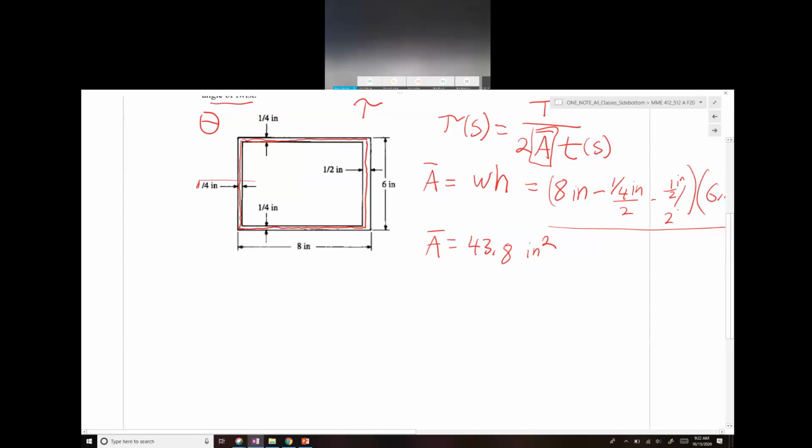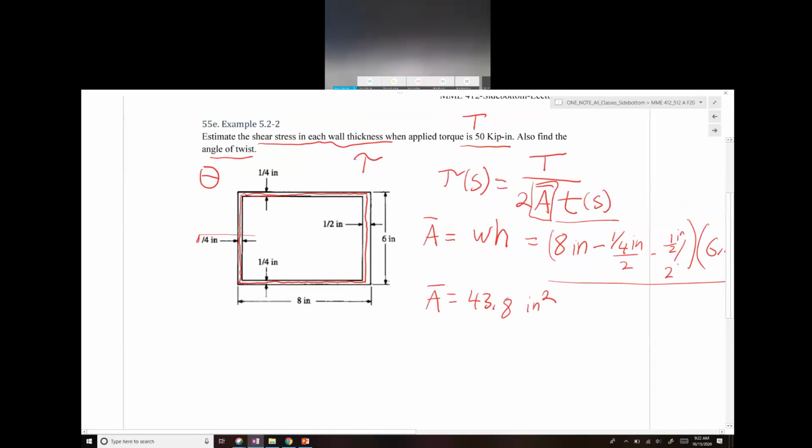The only thing that would vary along the section is the thickness. Along the beam we have 3 walls that are 1/4 inch thick, so they would all have the same shear stress. And we have one that's 1/2 inch thick.